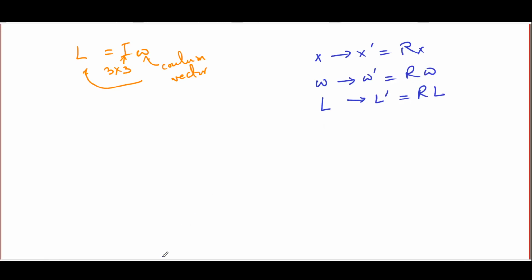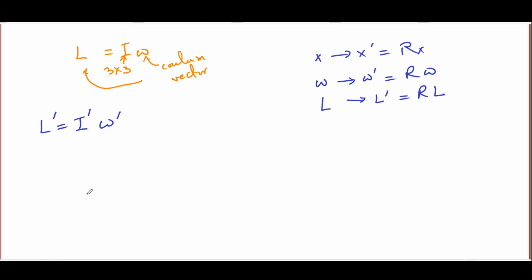So what does this tell us about I, the moment of inertia? Of course, you want the moment of inertia in the new coordinate frame to be represented by a matrix which will give you this relation. That is, L equals I omega will still be valid in the new frame.